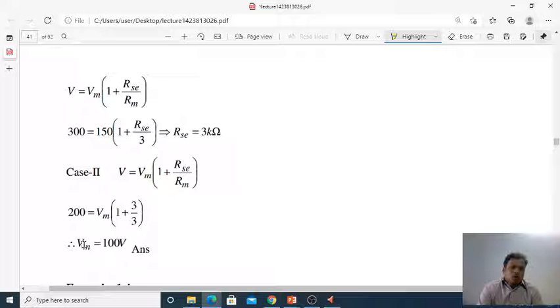In the case of V, we write 200 here; earlier we wrote 300. So we substitute 200: 200 equals Vm into (1 plus Rsc by 3). 3 by 3 is 1, and therefore Vm equals 100 volts is the answer. That means the meter voltage measures 100 volts.